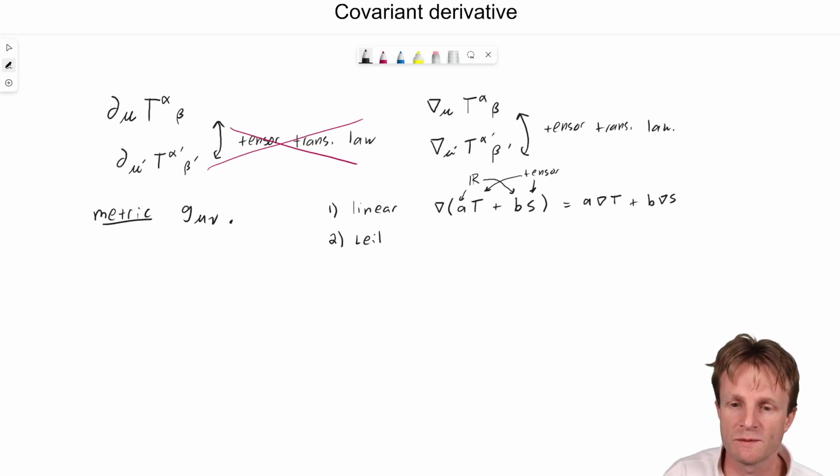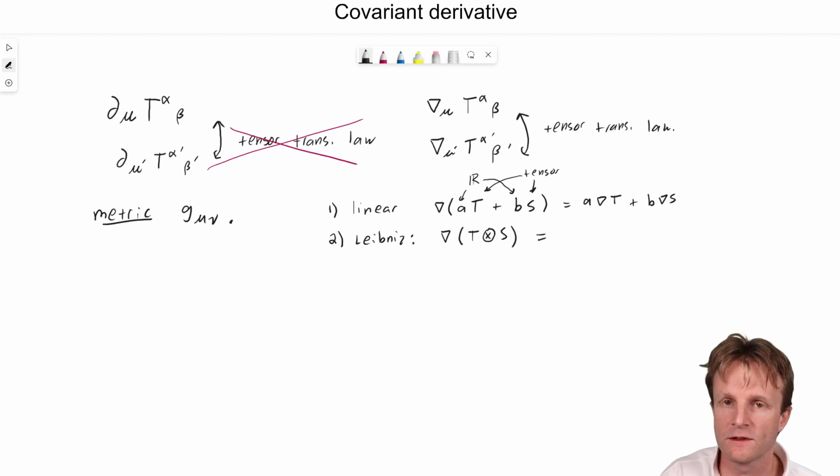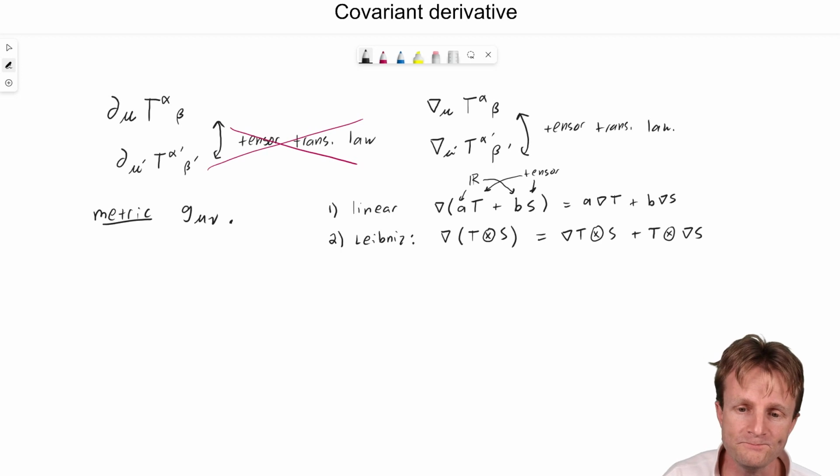And there also should be a Leibniz rule, which is now for tensor products of derivatives. If we have t tensor s and we take its derivative, that ought to be the same as the derivative of t tensor s plus t tensor the derivative of s.